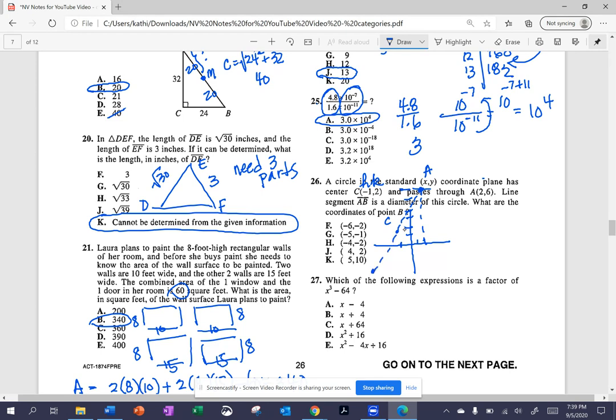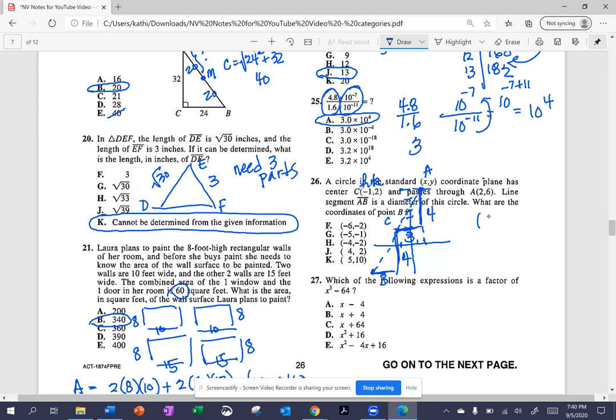And I can use the Pythagorean Theorem. So if I count here, I know I have 4 here and 3 here. So to go the same amount here, I'm going to go down 4 and to the left 3.